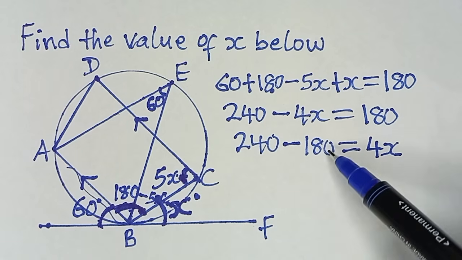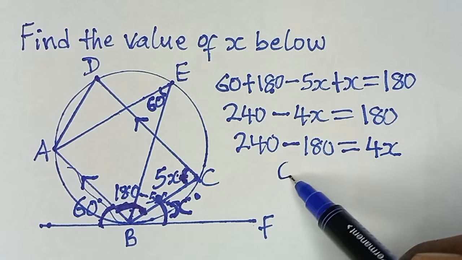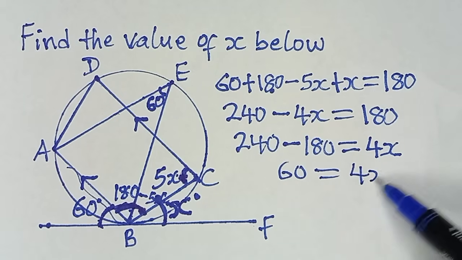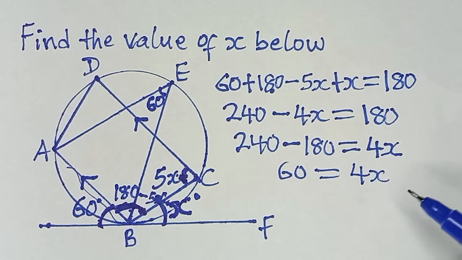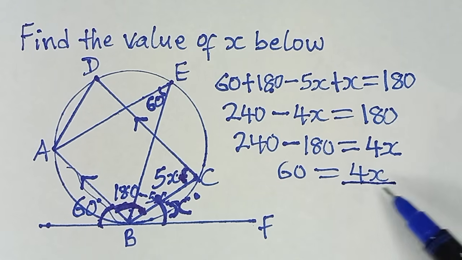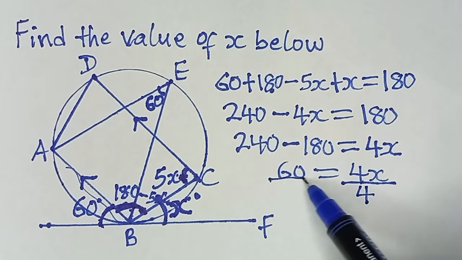So 240 minus 180 is going to give me 60, and that will be equal to 4x. In order to get the value of x, I simply divide by the coefficient of x, that is the number that is attached to x, and that is 4. And then I also divide this by 4.